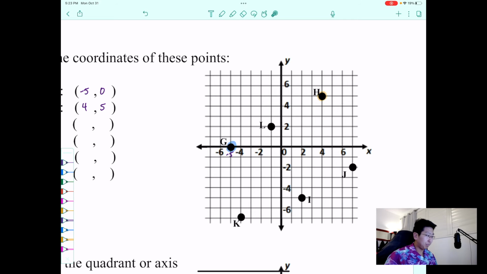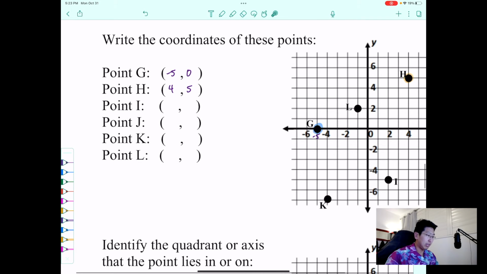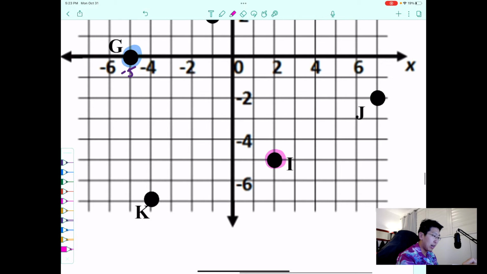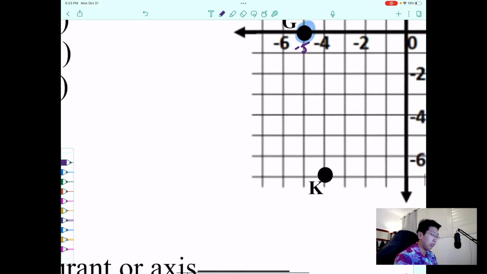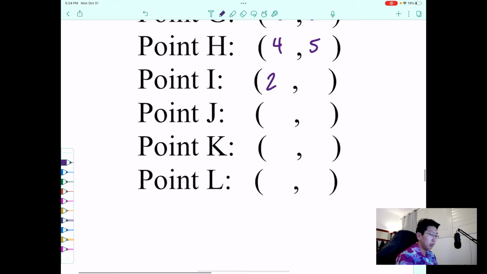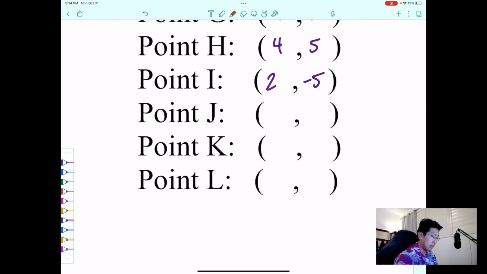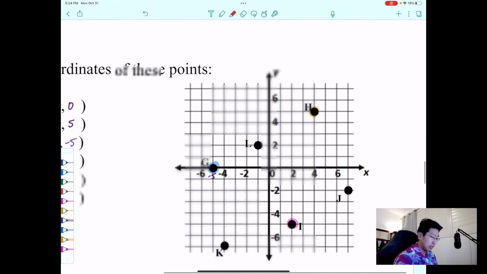All right. Next, point I. I is right here. So if I go look at I, my x value is at 2, my y value is at -5. So (2, -5). Point J, let's use red.